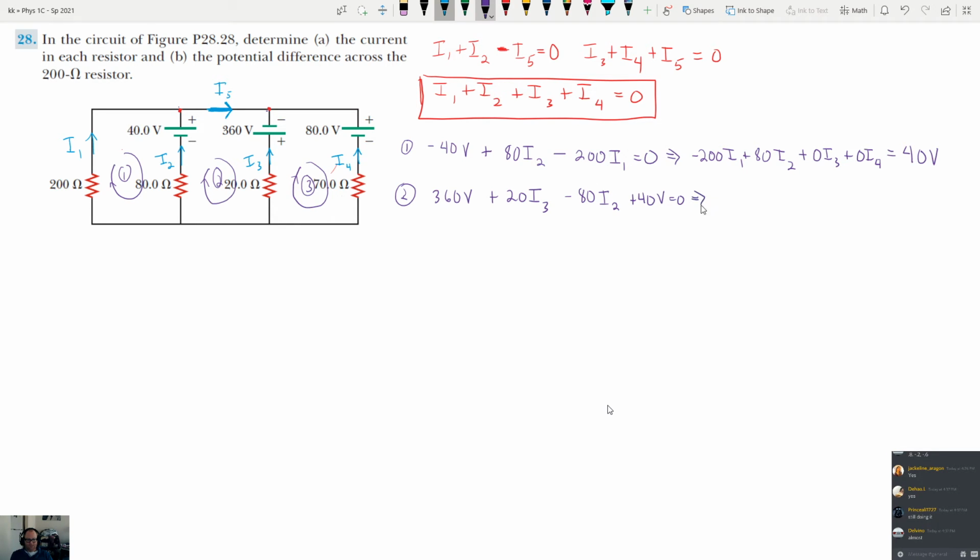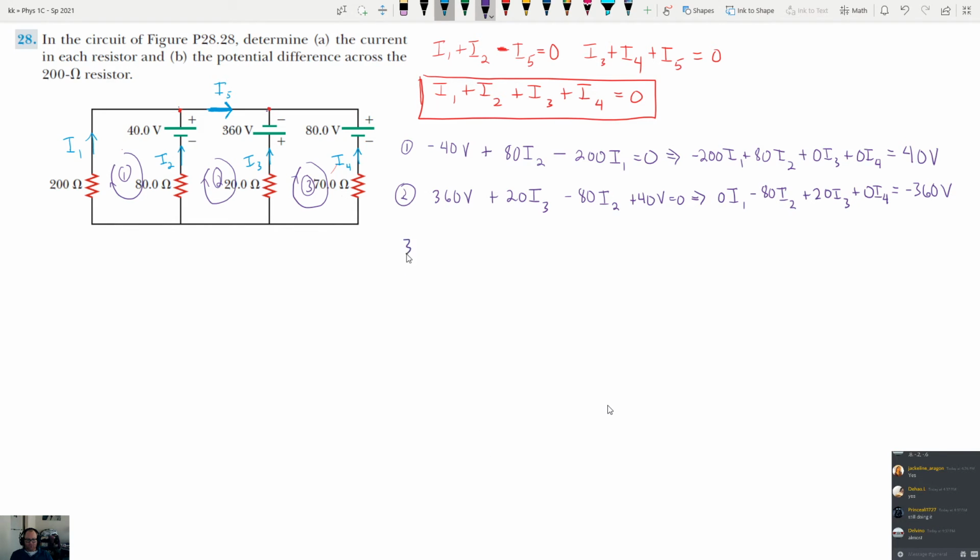And this reduces down to 0 I1, negative 80 I2, positive 20 I3, plus 0 I4 is equal to negative 360 volts.